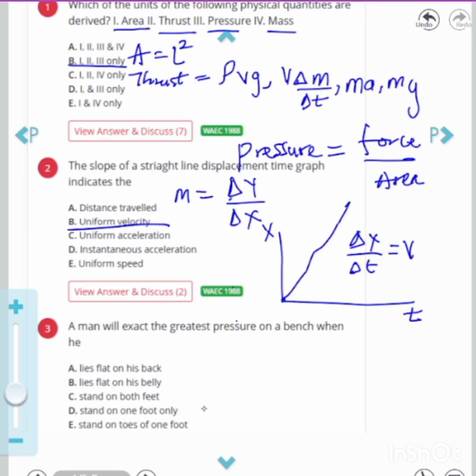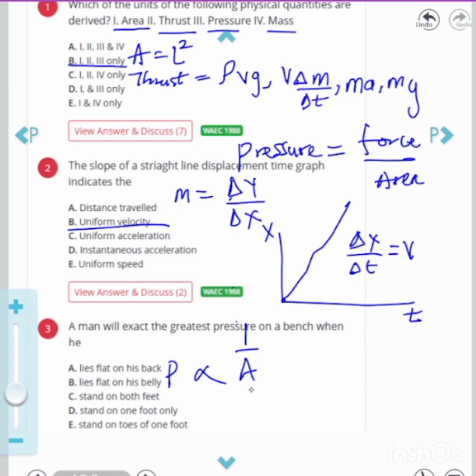I think the changes I'm seeing in the options has something to do with area, and the relationship between pressure and area is an inverse proportion. In other words, when there's an increase in pressure, there's a decrease in area.